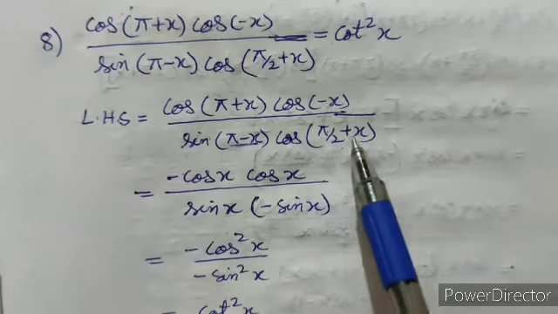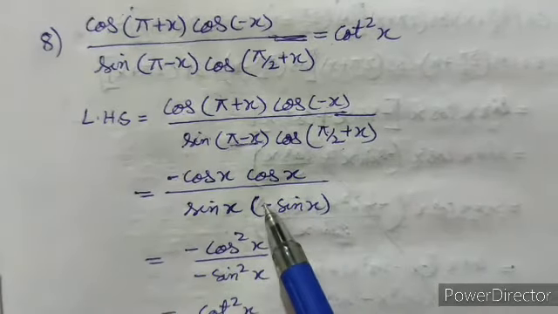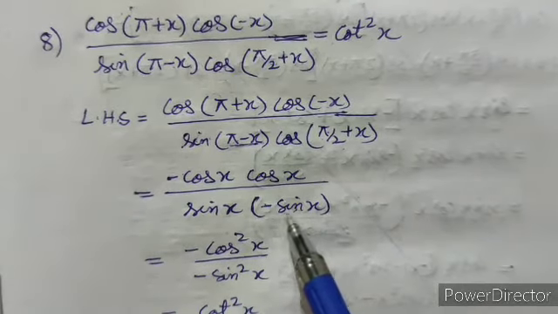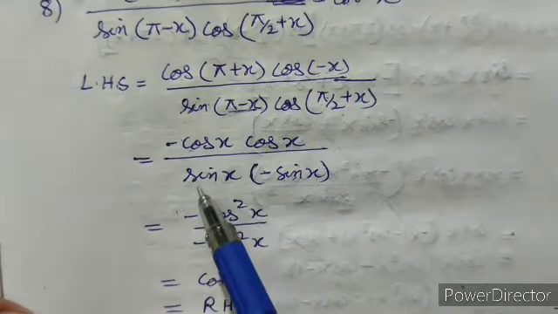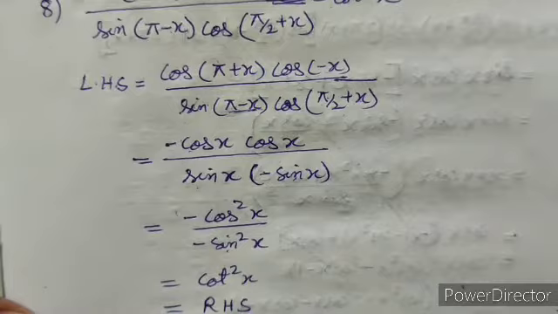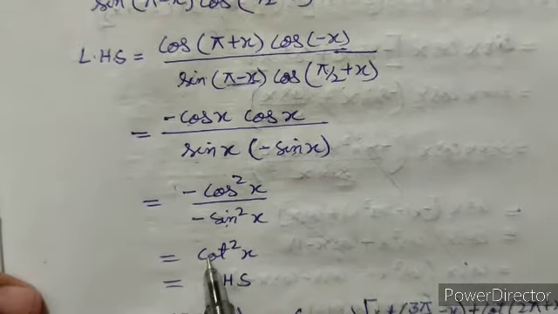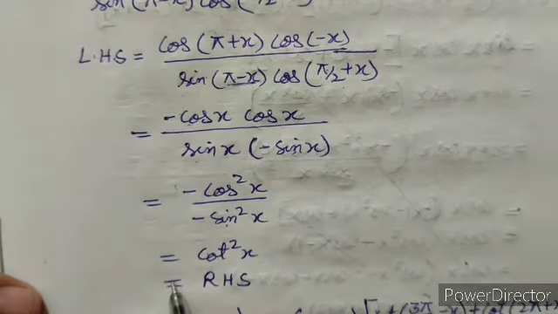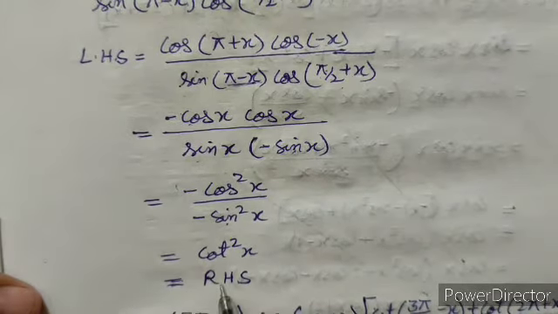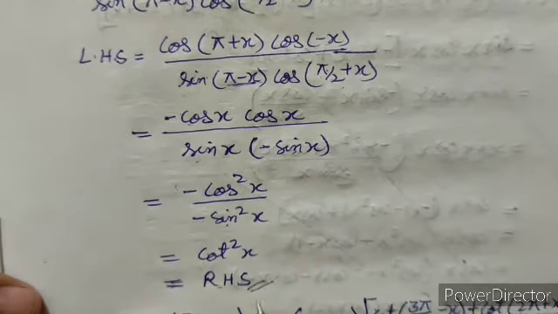So cos(π/2 + x) will be equal to minus sin x. This will give us minus cos square x upon minus sin square x, which is equal to cot square x, as cos upon sin is equal to cot, and this was our right hand side.